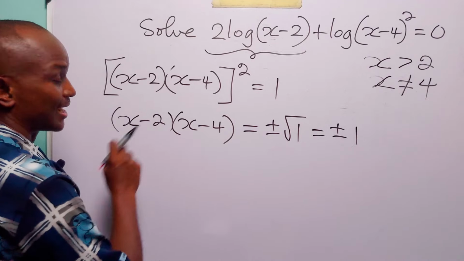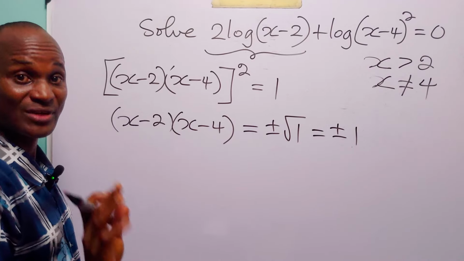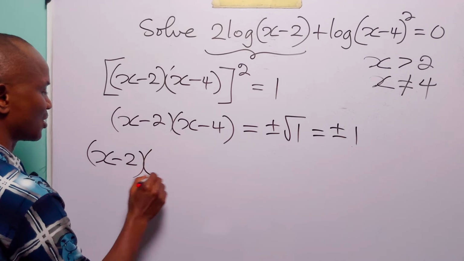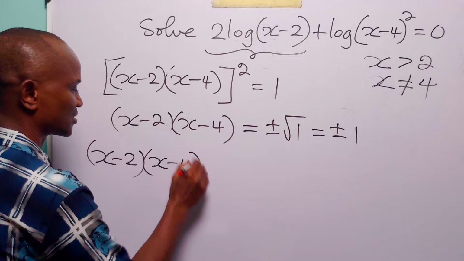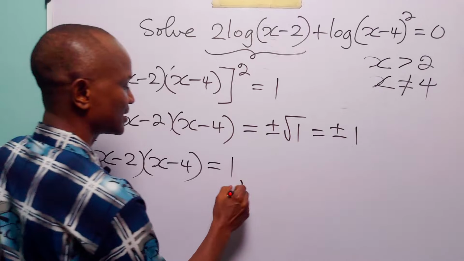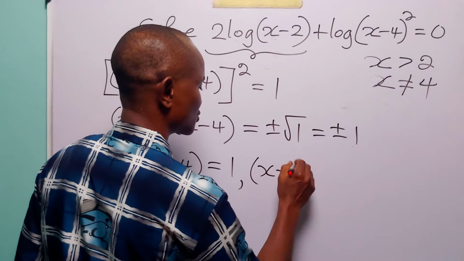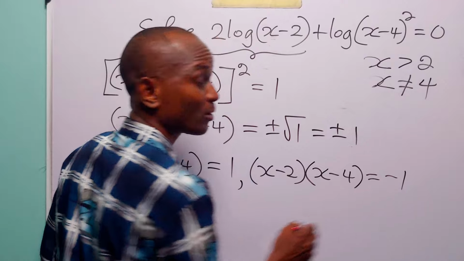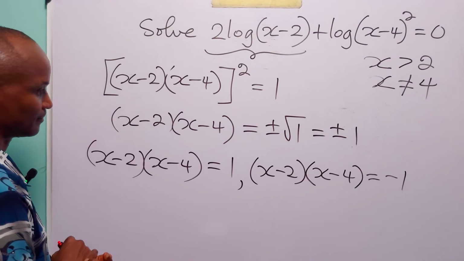So you can see that now we have two cases. We have the case where (x - 2)(x - 4) is equal to 1, and the second case where (x - 2)(x - 4) is equal to minus 1.